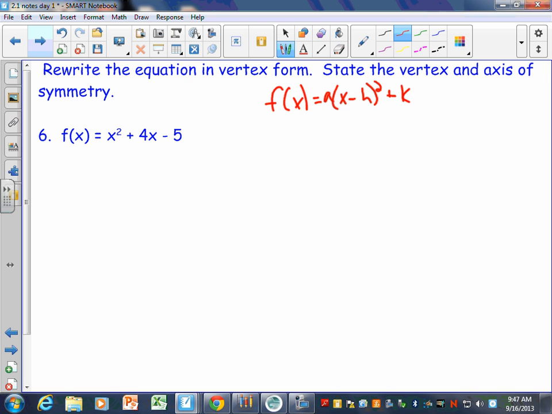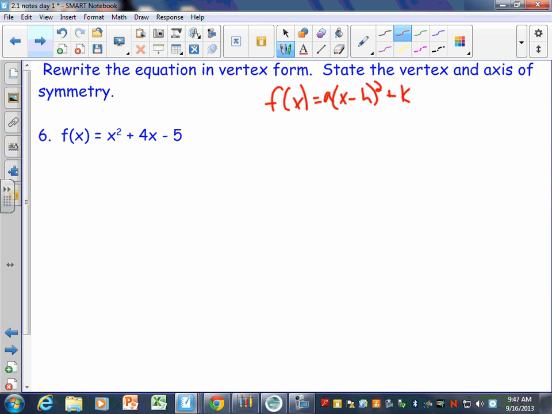So people that hate completing the square when solving quadratics can't get away from it in vertex form. You have to complete the square in order to put this in vertex form. The big thing that we have to remember is that we're not solving this, so we don't ever move stuff over here. So we have a couple of things that change when we complete the square on this. First thing that changes is normally when we complete the square, we take this c value and we add it over here, right?